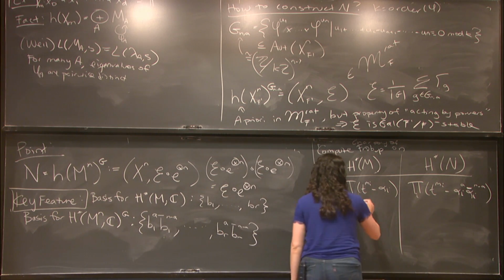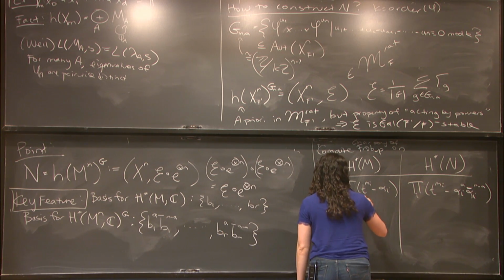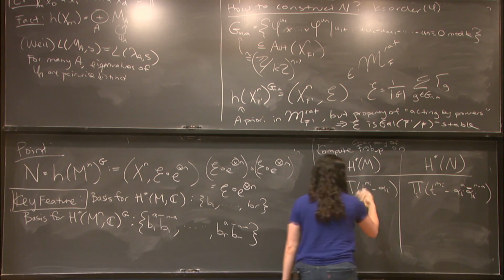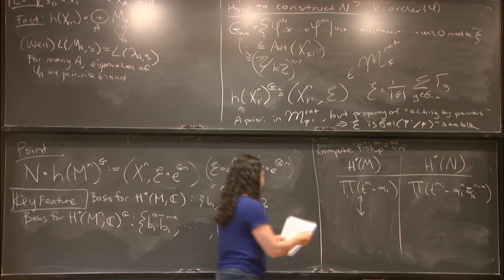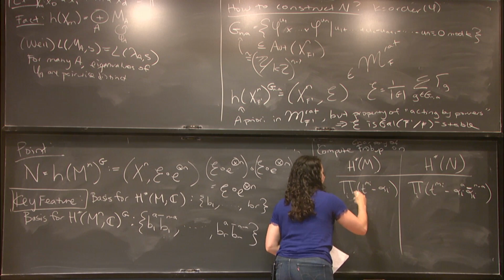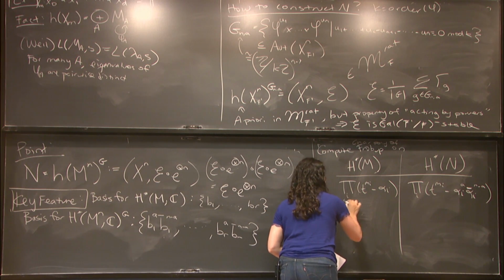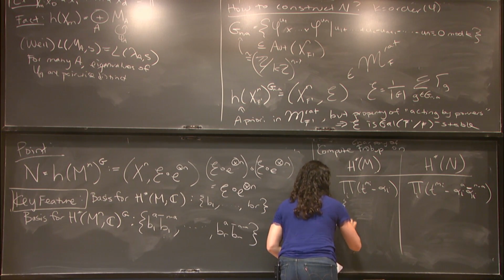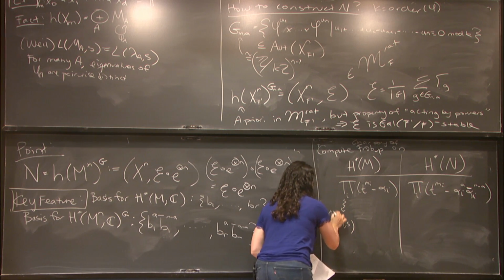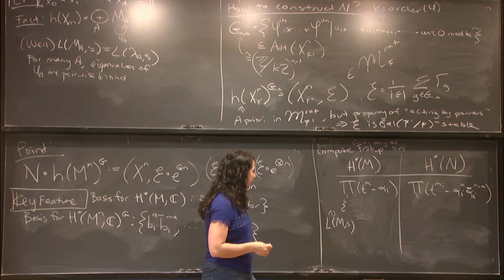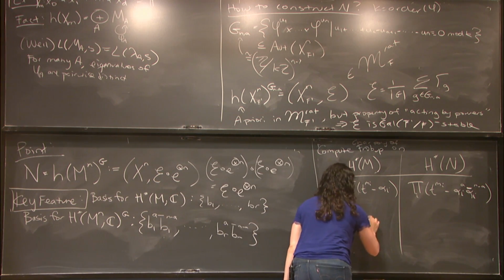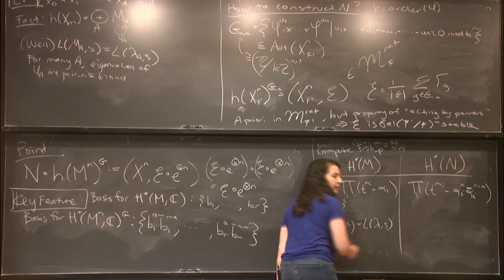But then we started out with the data, right? We started out knowing that this guy computes L of M, s outside of this bad set of primes, and that this guy is equal to L of lambda, s.